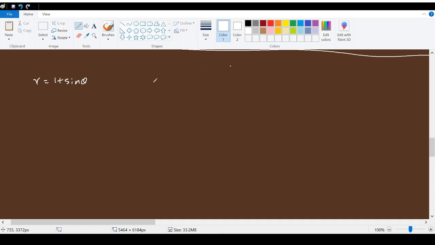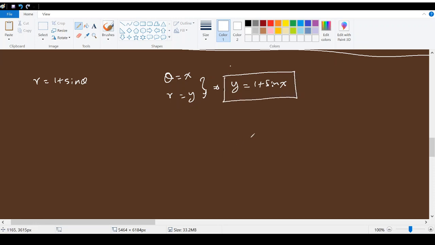That means we represent theta with x and r with y. So what we have here is that y is equal to 1 plus sin x, right? Now we plot this in the Cartesian system.